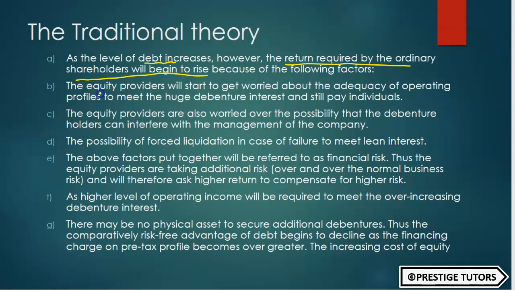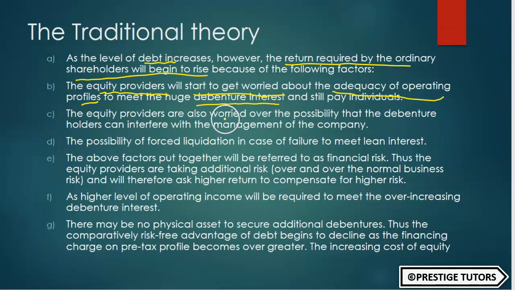Now, equity providers will start to get worried, as I've said, about the adequacy of operating profit to meet the huge debenture interest. That means you need to do more to be able to pay the interest on debt. So they begin to get worried that what if you pay all the profit made as interest, what will now be their lot?